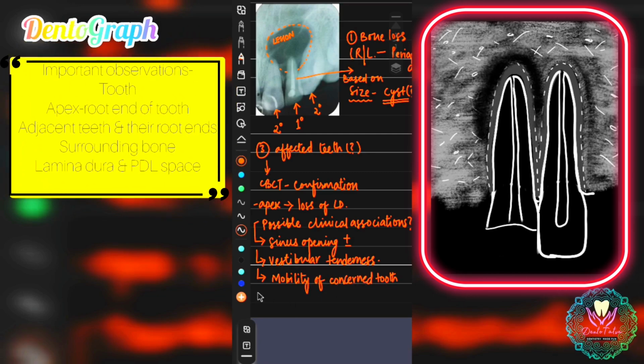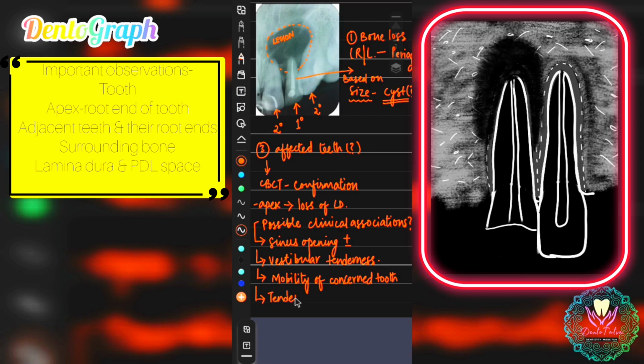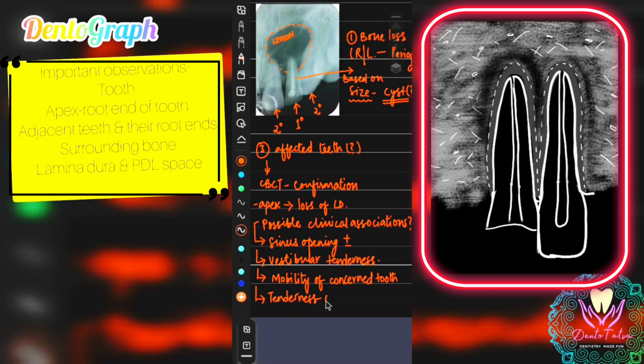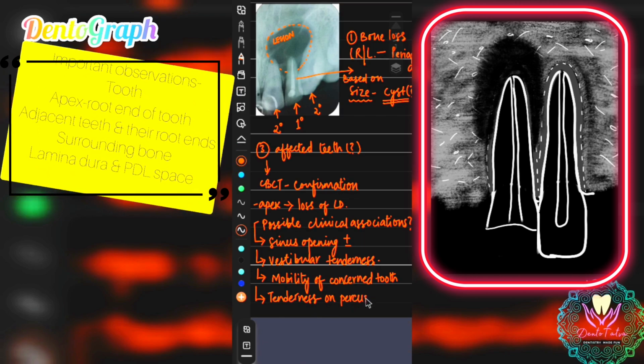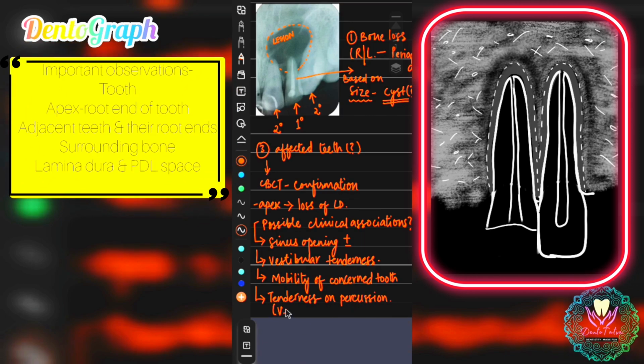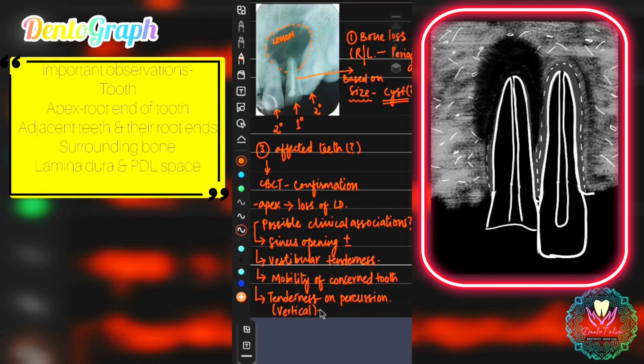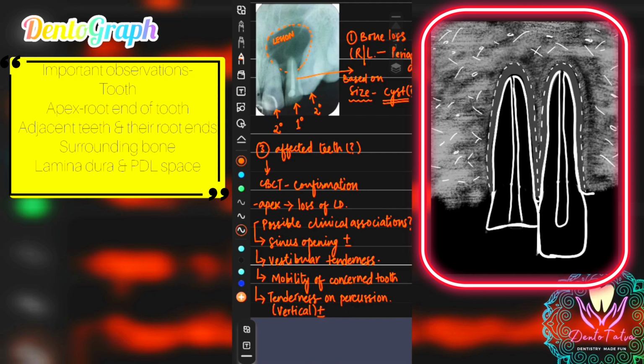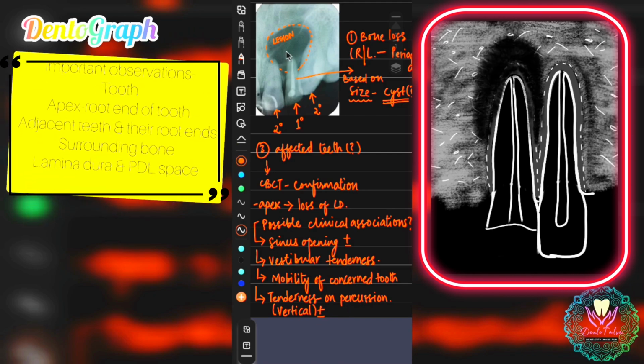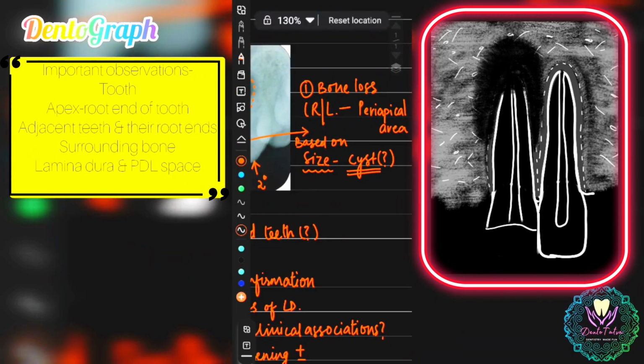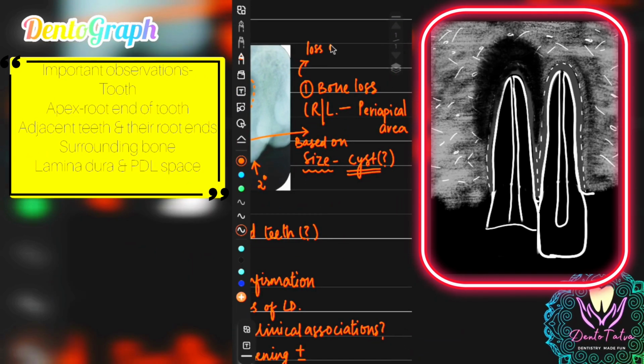confirmation for you. The first step to this is, once we are done with the radiograph, we first need to see the extent of the lesion, what all teeth have been involved. In this case, we can even see that there is loss of bone in the region.